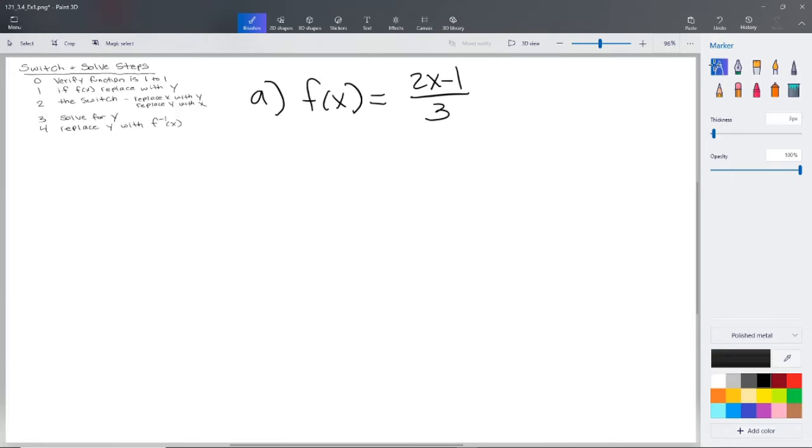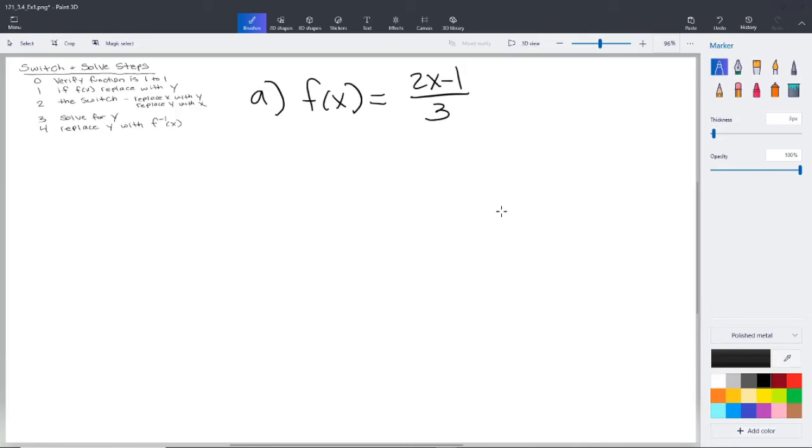Is this a one-to-one function? Yes, this is a one-to-one function because x is to the first power here. This is basically a line. Even though it's divided by 3, another way we could look at this would be 2/3 x minus 1/3, which we would know to be a line. And all lines are one-to-one functions. So it does pass step 0. We are verifying indeed this is a one-to-one function.